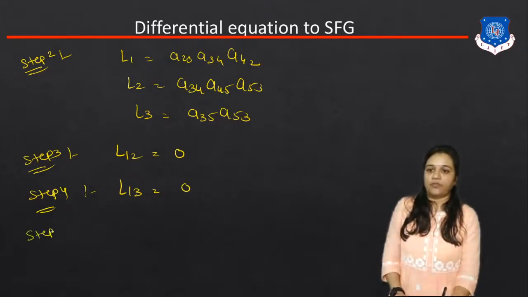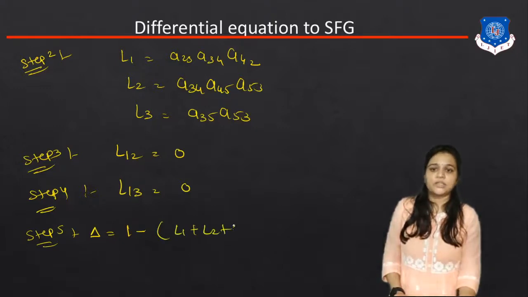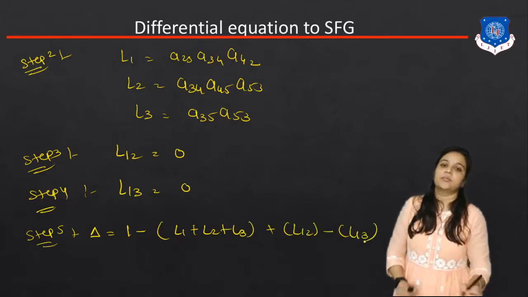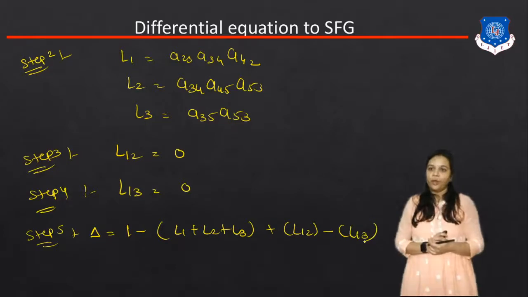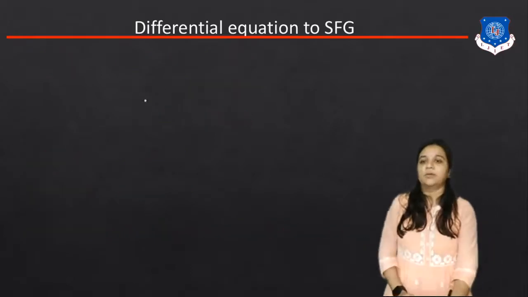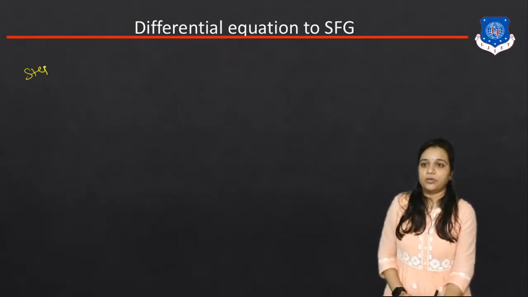Now step number 5, find the value of delta. So delta is equal to 1 minus the summation of individual loops plus the summation of two non-touching loops minus the summation of three non-touching loops. Okay, now step number 6, find the value of delta i.